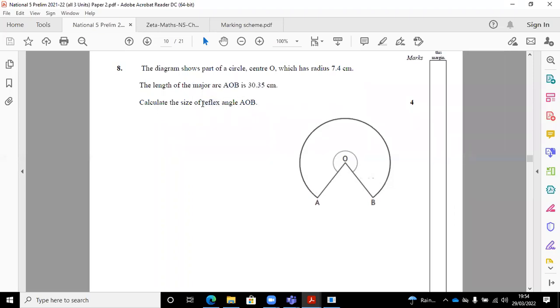Reflex means it's greater than 180. Remember we went through that: acute is less than 90, 90 degrees is your right angle, obtuse is 90 to 180, reflex is 180 to 360.